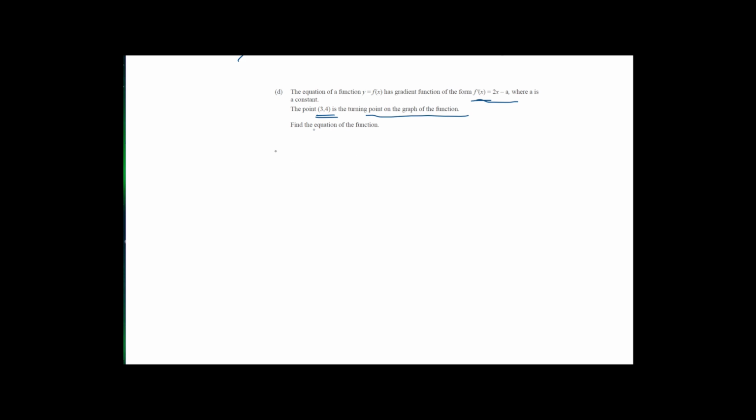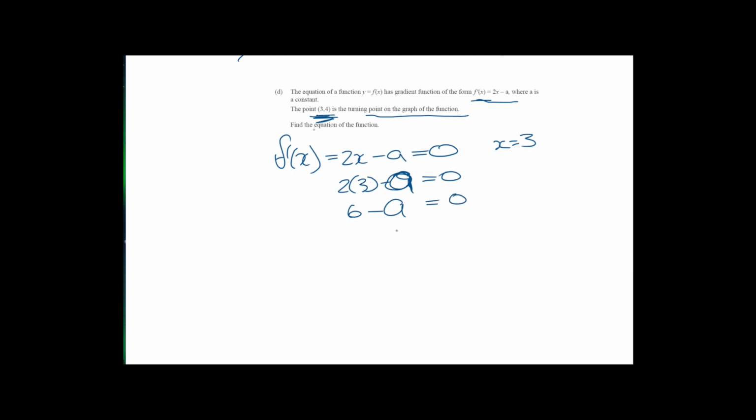Okay, so let's find what a is first. So f dash of x is 2x minus a, but we know that equals 0 when x equals 3. So 2 times 3, because it says so right up here, minus a equals 0. 6 minus a equals 0.